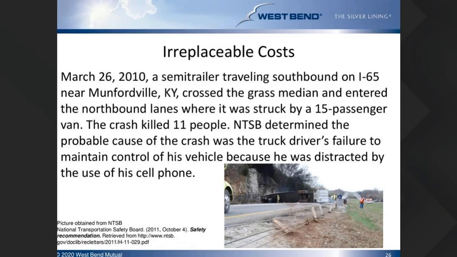The crash killed 11 people, and the NTSB determined that the probable cause of the crash was the truck driver's failure to maintain control of his vehicle because he was distracted by the use of his cell phone. So an absolutely preventable incident. And this one is on the catastrophic end, that 11 people had catastrophic results because of this incident, because the driver was distracted with the use of his cell phone.